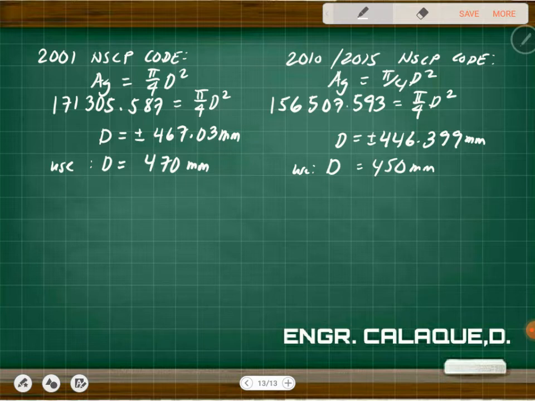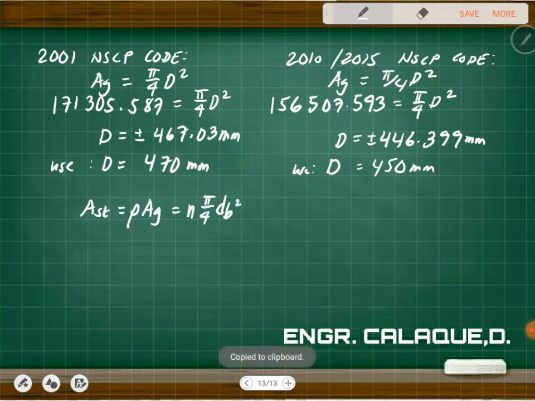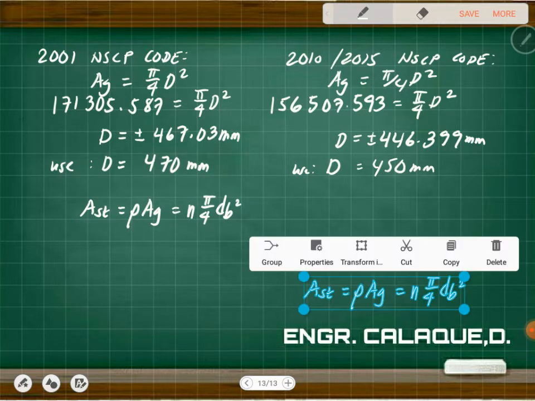Okay, so ngayon is yung number of bars. So we have EST, that is phi nung AG, and this is equal to the number of bars pi over 4 diameter of bars squared. So same with 2010, so same formula.